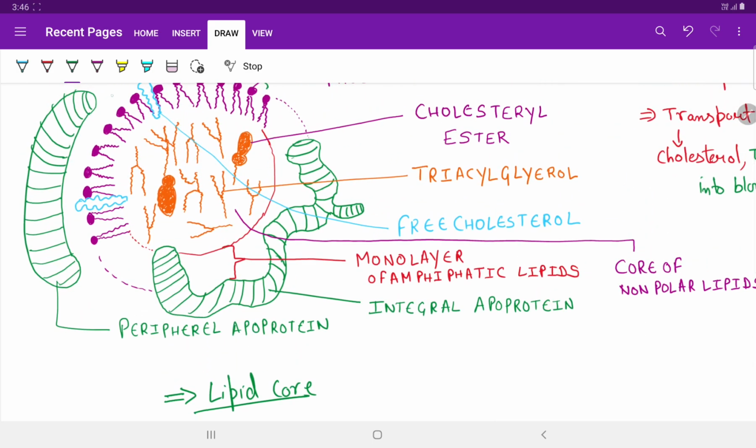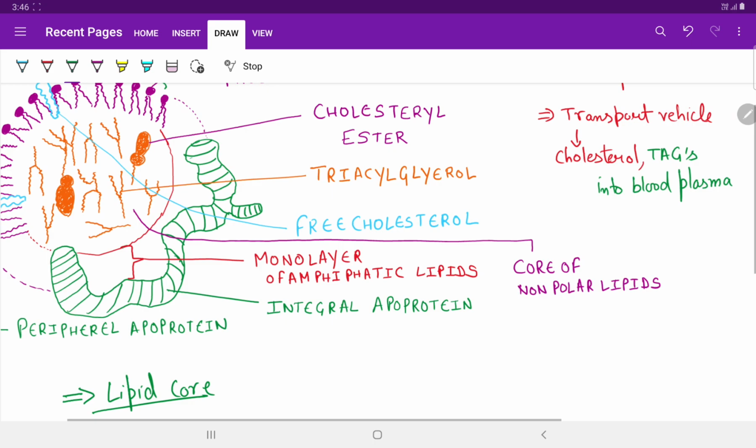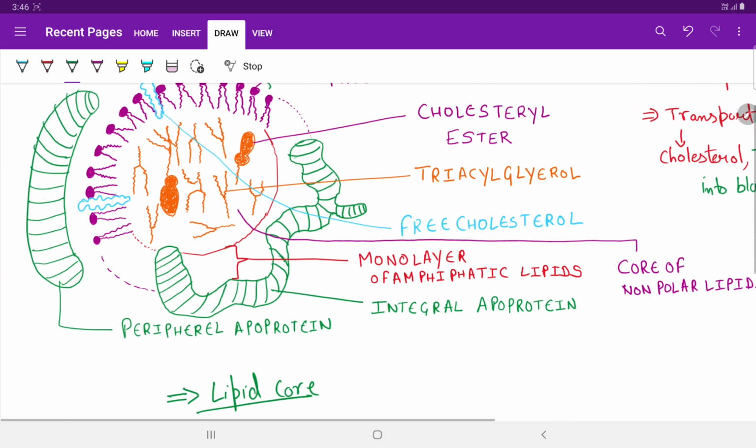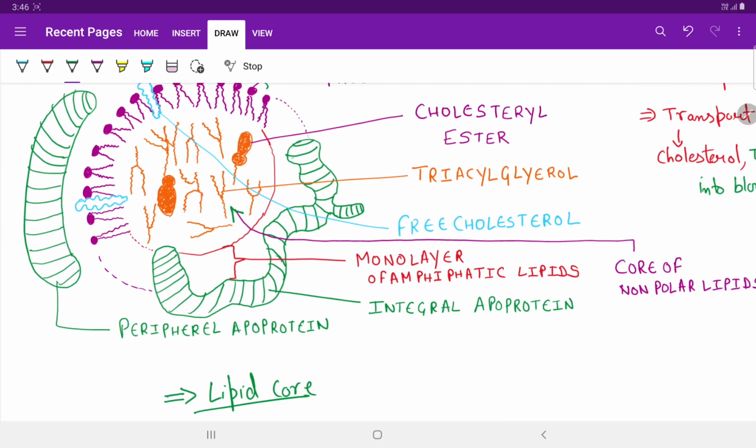Now see here in the diagram, I am representing the neutral lipid core with triacylglycerol and cholesterol ester. So in the neutral lipid core, there will be the cholesterol esters and triacylglycerol. These orange colored compounds are cholesterol esters and triacylglycerols, which are surrounded by a coat shell of phospholipids.